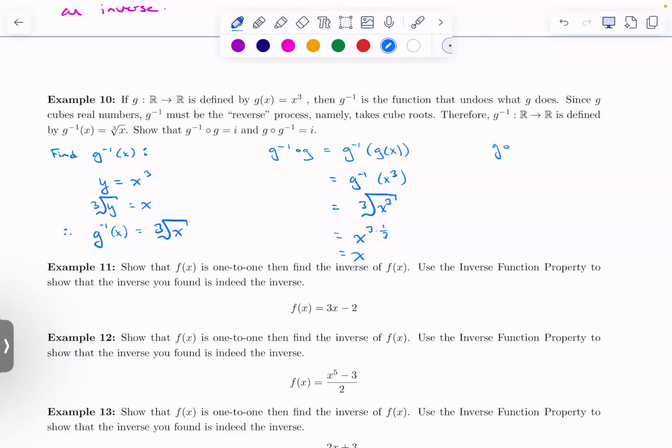Right, and so G composed with G inverse is G of G inverse of x, which is G of x is x to the 3, but let's do G inverse, which is the third root of x. So in x to the 3, I'm going to replace any x I see with the third root of x to the power of 3. But again, exponent laws, x to the 1 over 3 times 3 is just x.